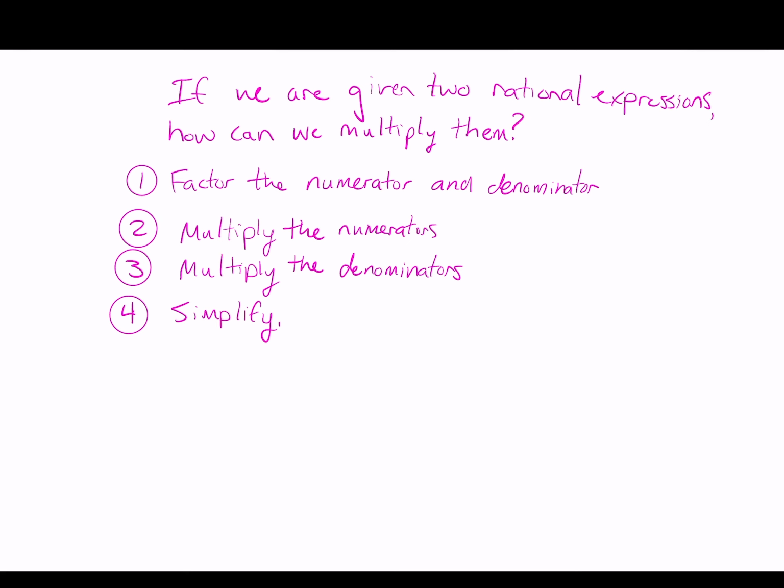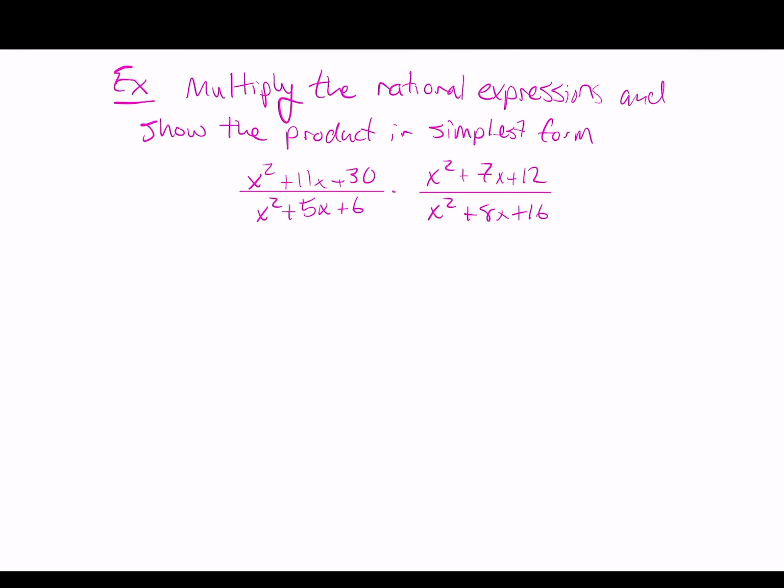Let's try an example of multiplying rational expressions. In this example, we want to multiply the rational expressions and show the product in simplest form. So we have x squared plus 11x plus 30 over x squared plus 5x plus 6 times x squared plus 7x plus 12 over x squared plus 8x plus 16. So we have four separate trinomials in the numerator and denominators that we need to factor. So let's start with the numerator on the left-hand side first.